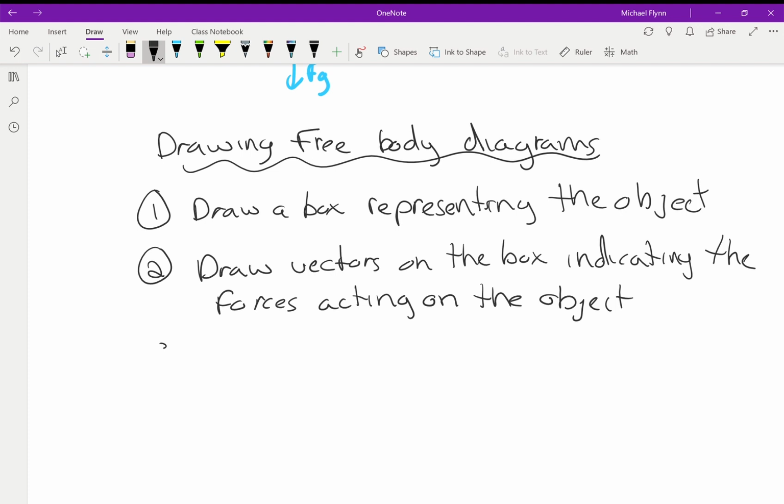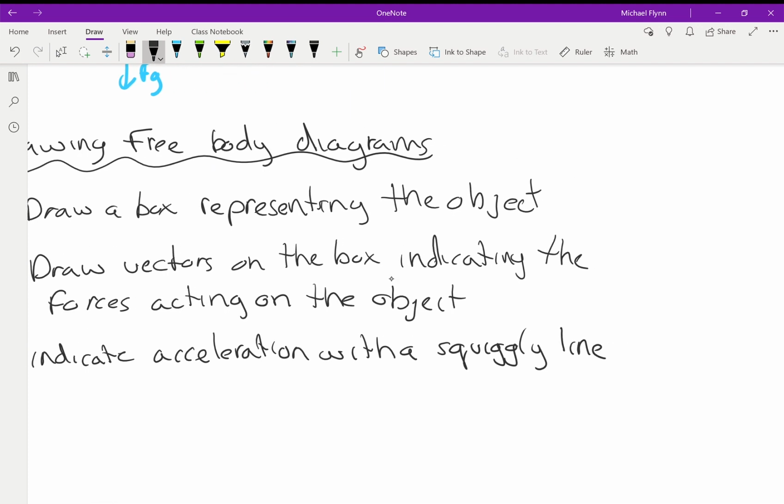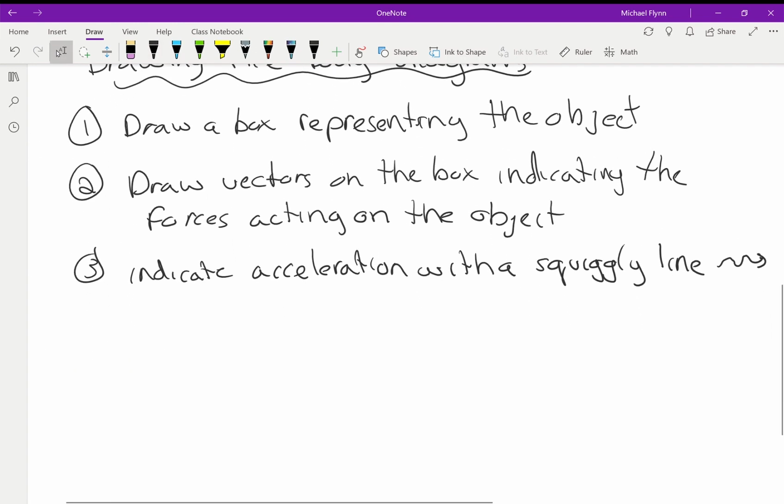Okay. 3, indicate acceleration with a squiggly line. Okay, a squiggly line looks like that. Isn't that beautiful? Okay, so that's a squiggly line.